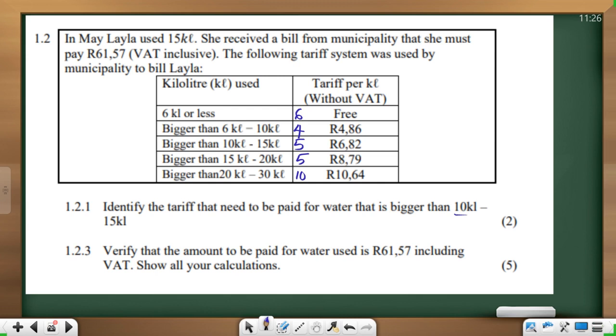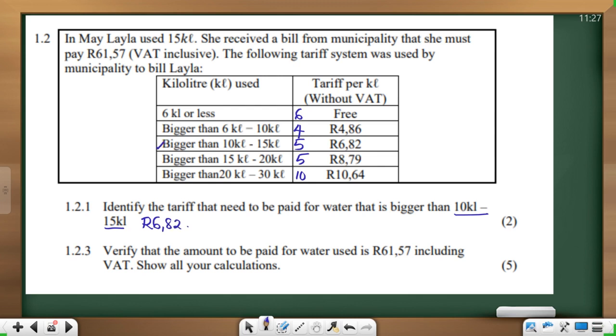Okay, but now let's look at the question. They said bigger than 10, but less than 15. They said identify the tariff that needs to be paid for water which is bigger than 10. Can you see? It's written there in the table. Bigger than 10. So it's 6 rand 82 cents.